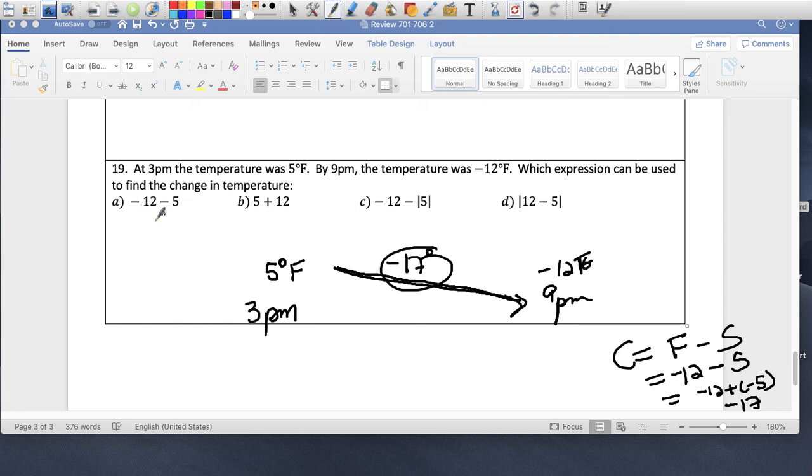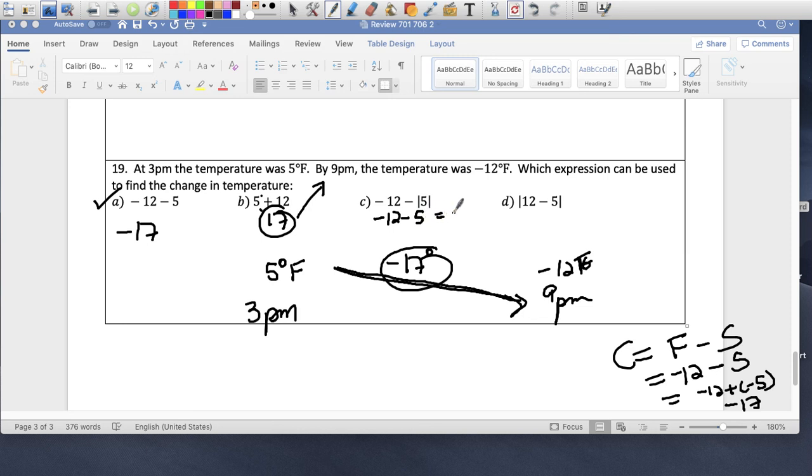Look at A, negative 12 minus 5. Well, that's negative 17. So right away I know this one's correct. 5 plus 12 is 17. Well, if the change is 17, shouldn't the temperature go up? It should, but the temperature didn't go up. It went down. This one is negative 12 minus, what's the absolute value of 5? It's 5.